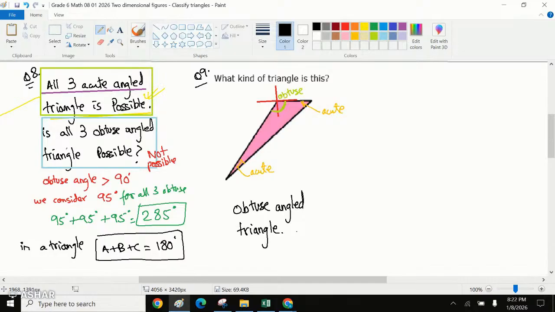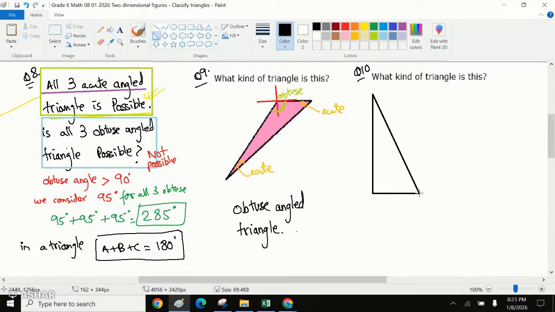Okay, we have a new question, question number 10, and in question number 10 they are saying, if we have a shape something like this, what is this triangle?